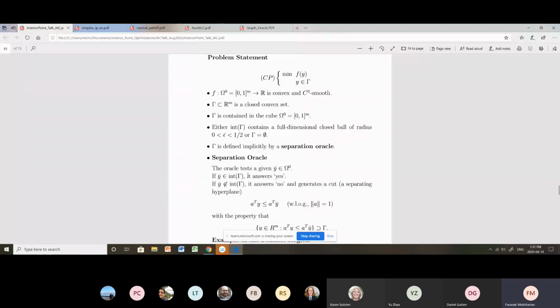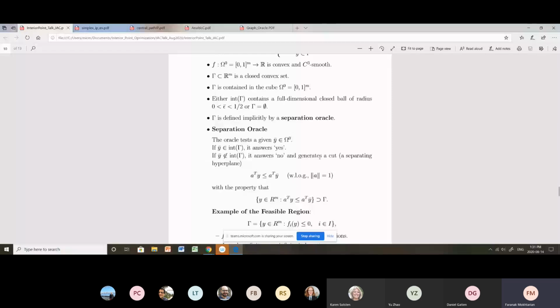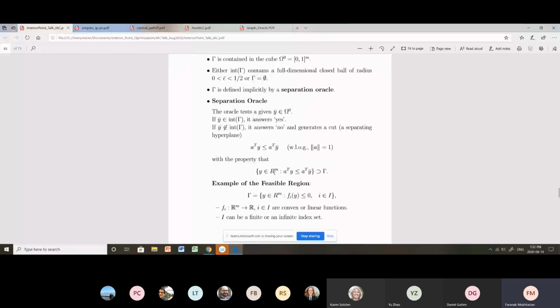The checking is done by the oracle. If it's feasible, the oracle answers yes. If it's not feasible, then it answers no, but it generates a cut, which is basically a separating hyperplane with the property that our feasible region is included in the half space defined by that hyperplane.